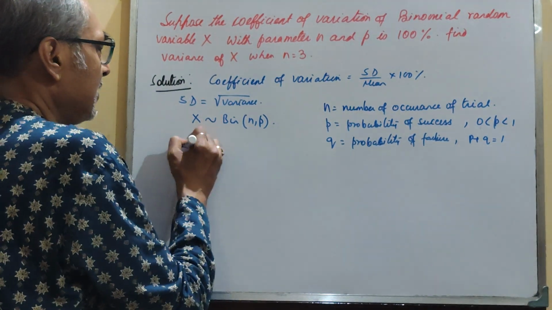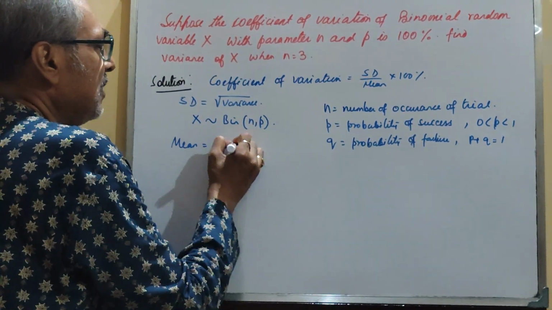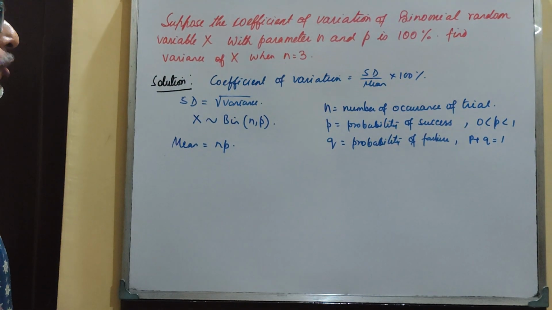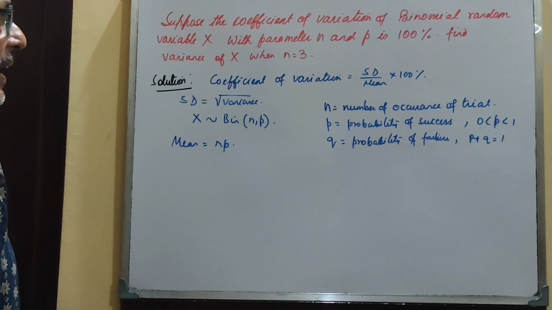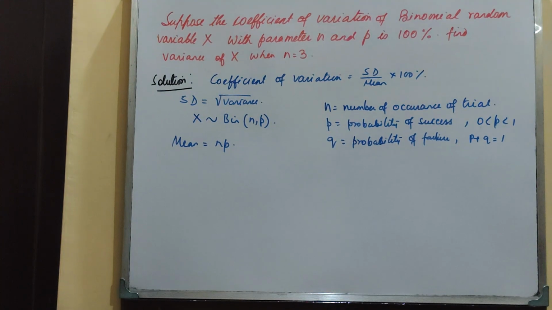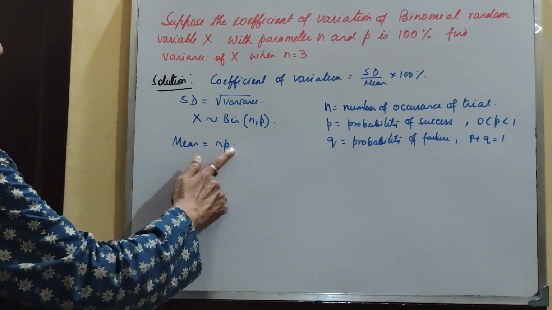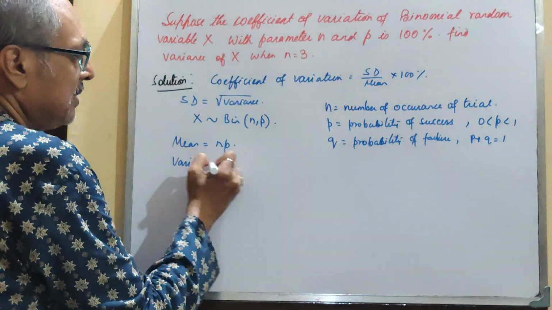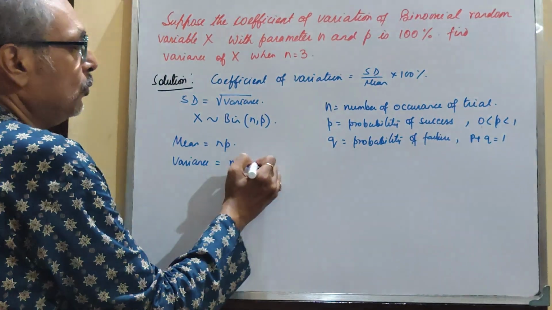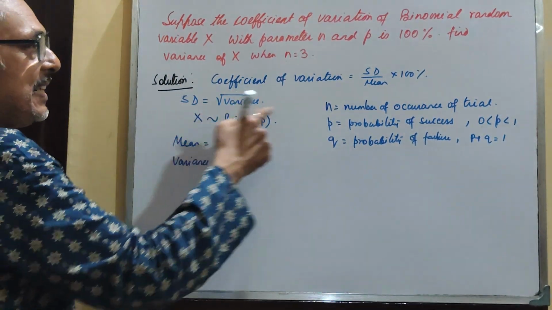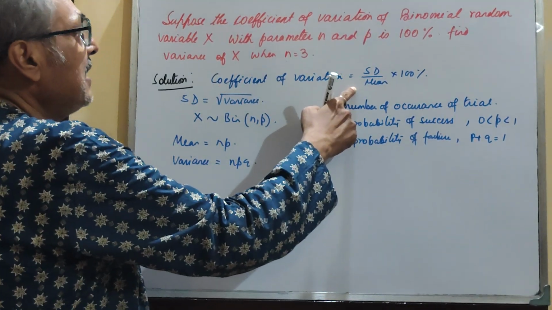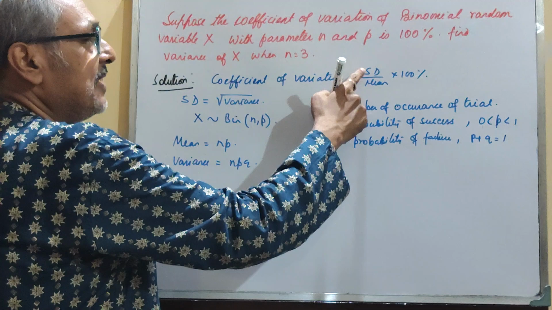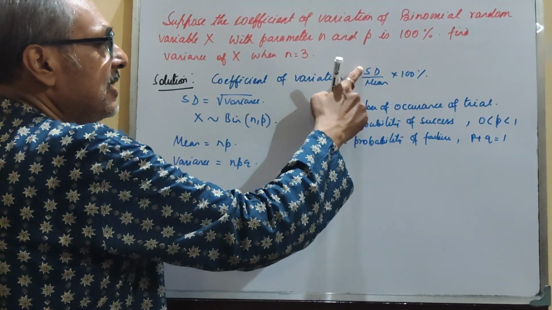Now, when x is a random variable following a binomial distribution with parameters n and p, the mean is np and the variance is npq.